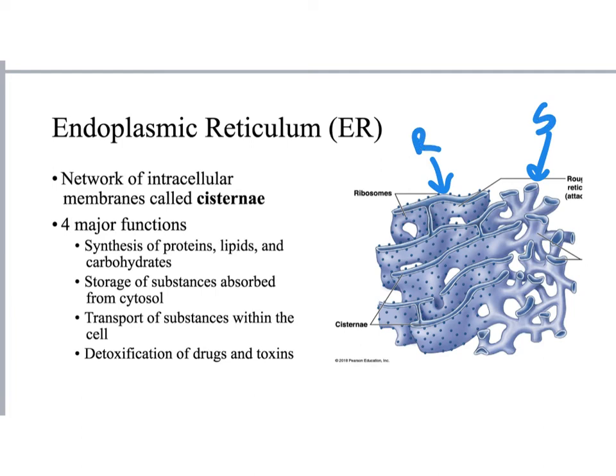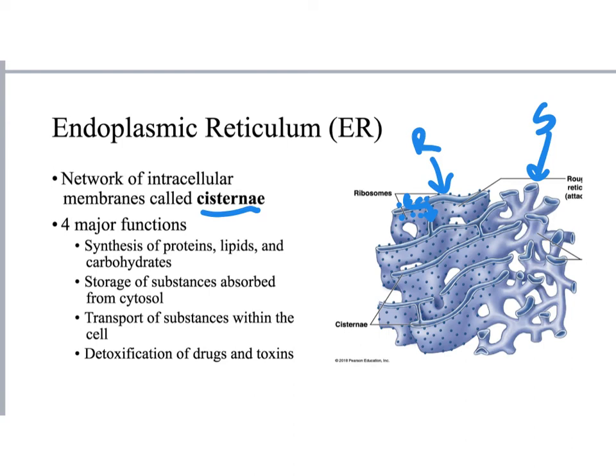So endoplasmic reticulum is basically a membrane system within the cytoplasm that allows different proteins that are being made to be modified. You see the ribosomes are sitting there, so they're going to be making proteins, and those proteins will go into the cisternae, the fold system that you see there.